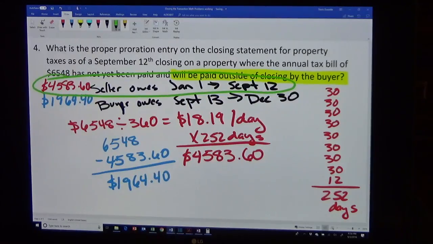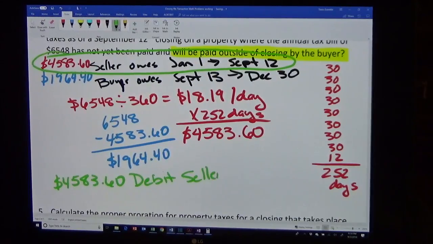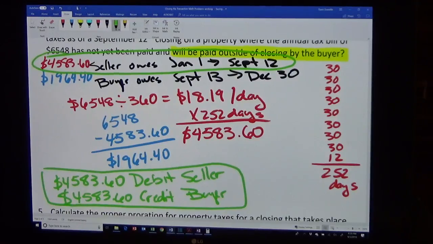So the proper entry on the closing statement is going to be $4,583.60 debit seller and $4,583.60 credit buyer. And that's your correct proration entry.